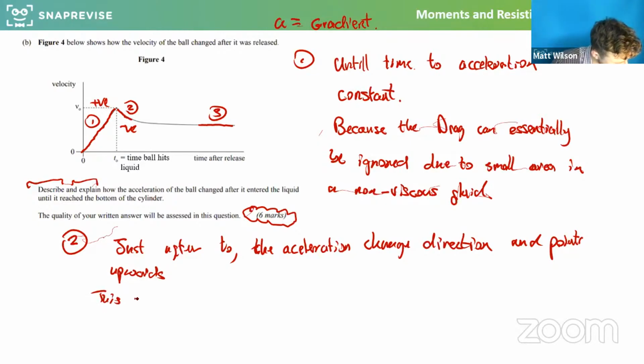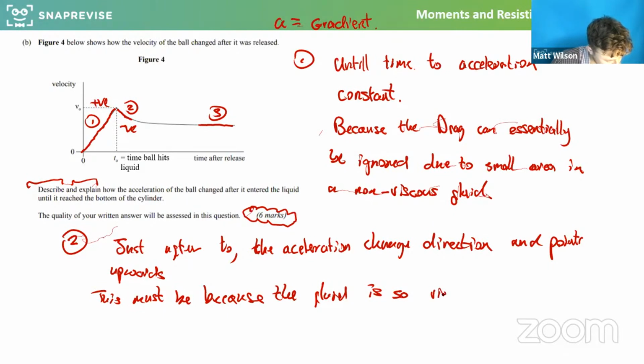This must be because the fluid is so viscous that the drag is in fact bigger than the weight. So here we have the drag being bigger than the weight.